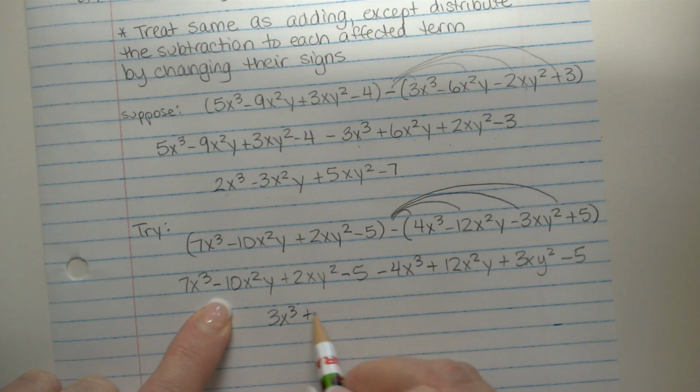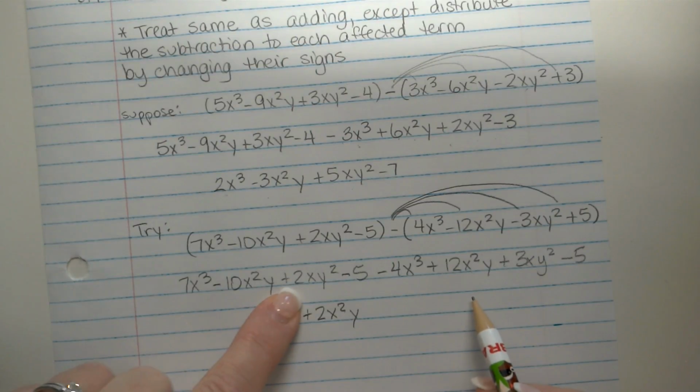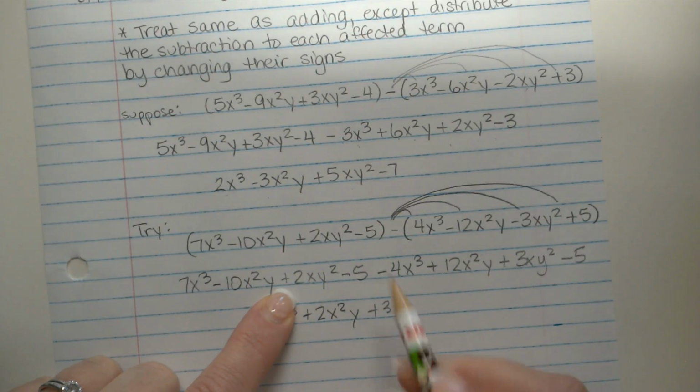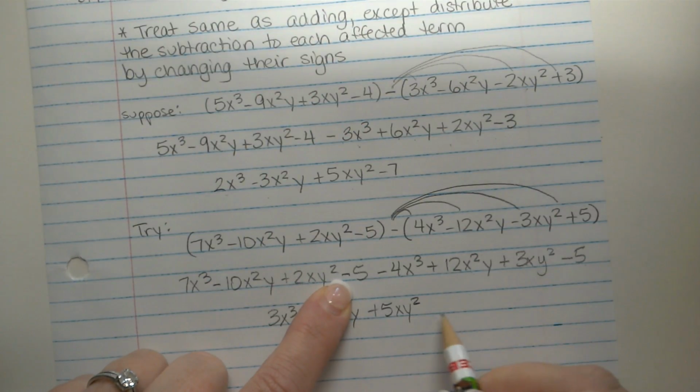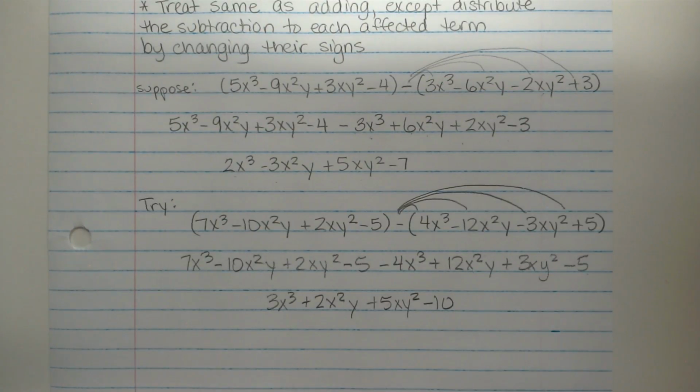Negative 10 and positive 12 gives you 2 of these x squared y's, since they're the same exponents and the same variables. Positive 2xy's and positive 3xy's gives you positive 5 xy squares. And then negative 5 and negative 5 give you negative 10. And that would be your answer.